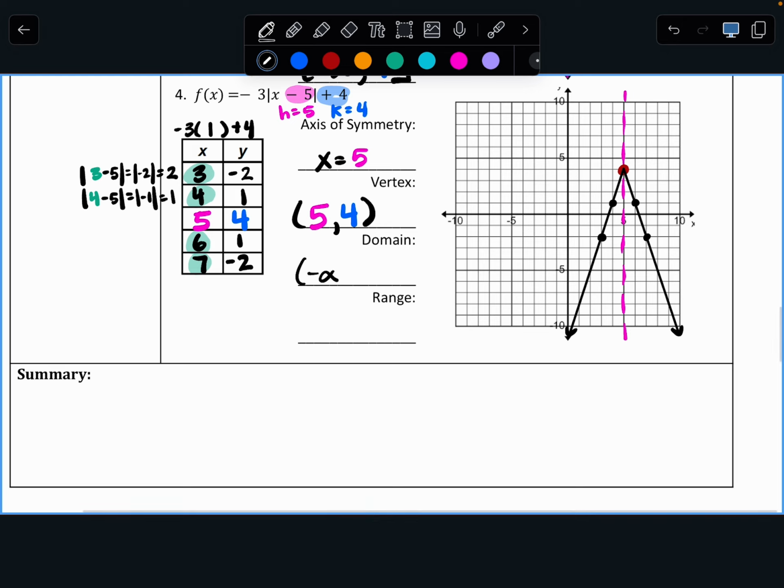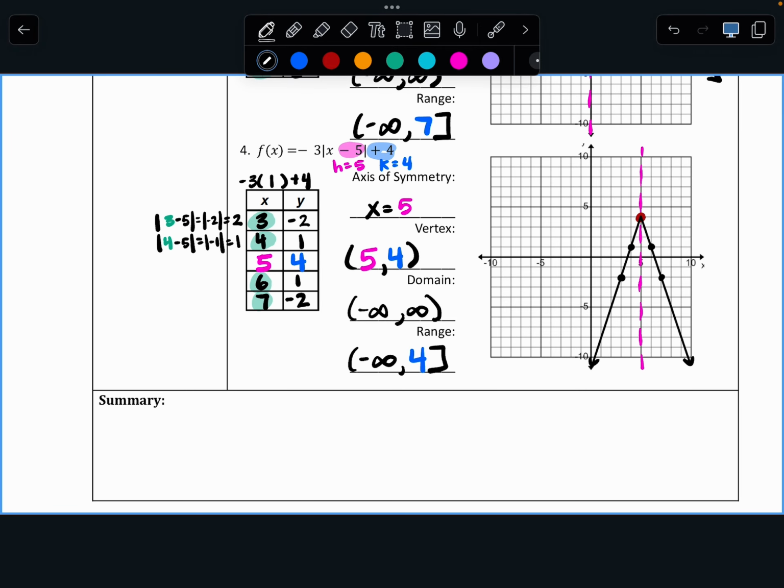The domain is -infinity, infinity, and the range will be -infinity to 4. And that's your practice for today.